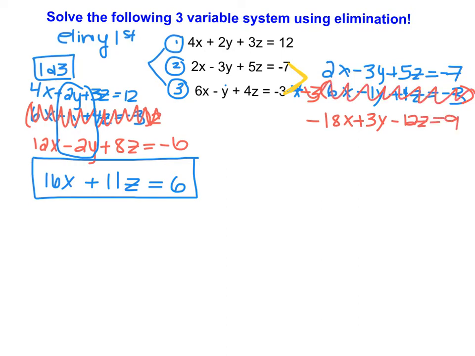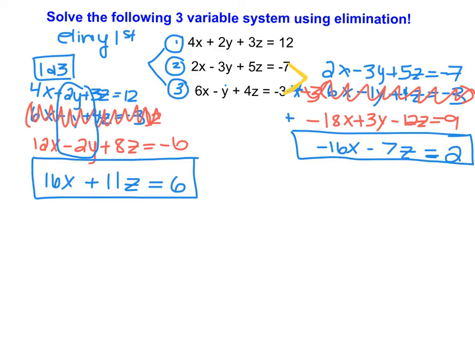So now I am elimination ready, so I'm going to add straight down. So we end up with negative 16x plus 0y plus, or you can subtract 7, whatever you choose to do, because 5 and negative 12 make negative 7z, and that's equal to a positive 2.